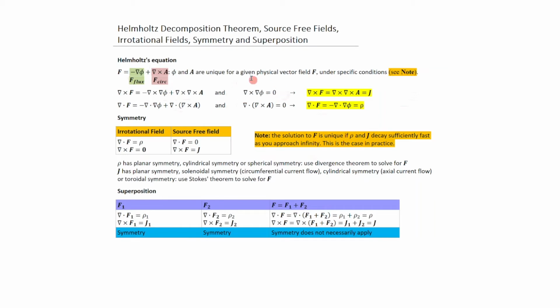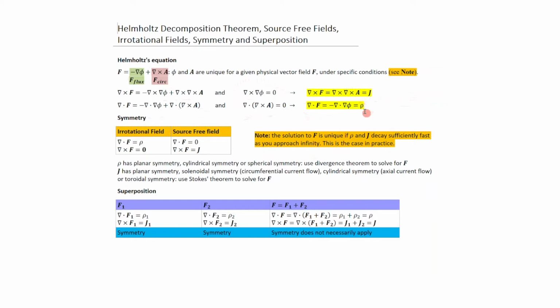Also, making use of one of the vector identities from before, that the curl of a gradient is 0, the curl of the field could be simplified down to just the curl of a vector potential A, and we call this whole vector here J. If we take the divergence of the vector field, then we end up with minus the divergence of the gradient of phi plus the divergence of the curl of A. But from one of the vector identities in the previous lecture, the divergence of the curl of a vector field is always equal to 0, and therefore this simplifies down to a scalar function which we called rho.